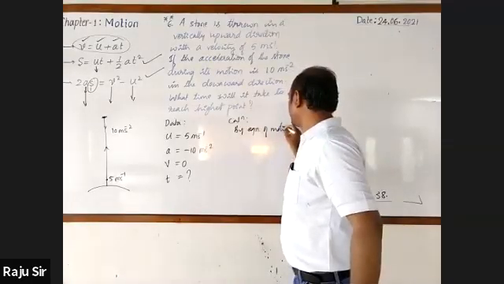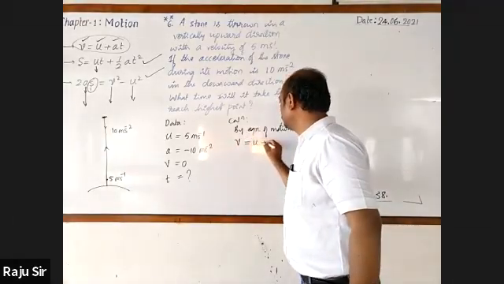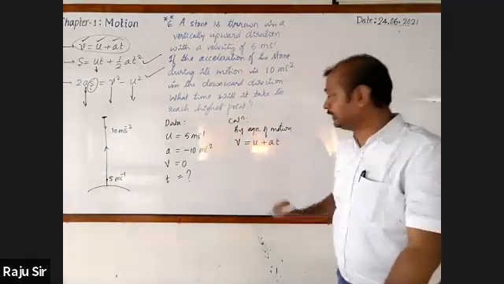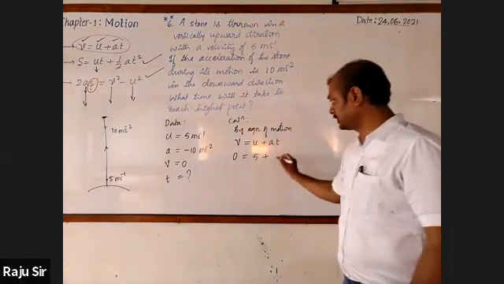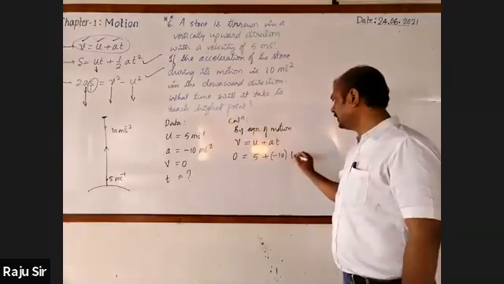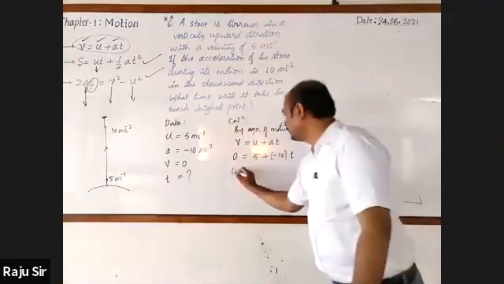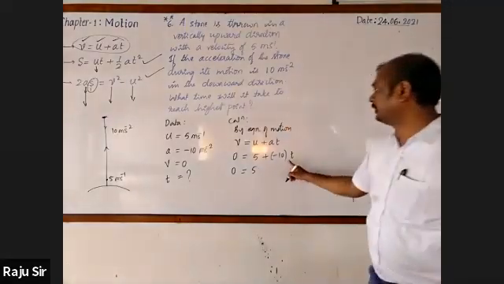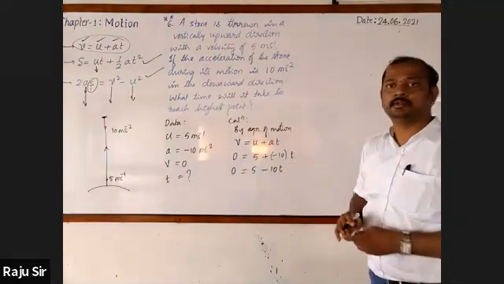By the equation of motion, we can write v is equal to u plus at, where final velocity is 0, initial velocity is 5, acceleration is minus 10, and time is unknown. So 0 is equal to 5 minus 10t.